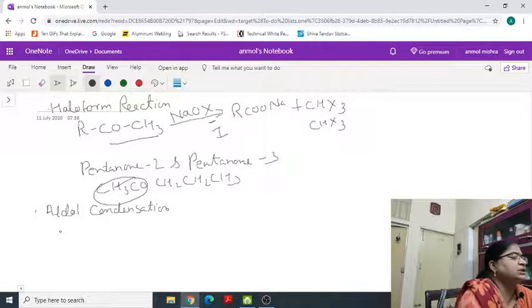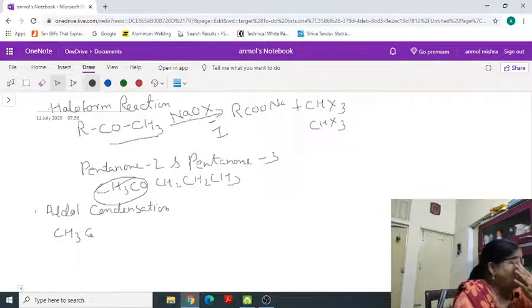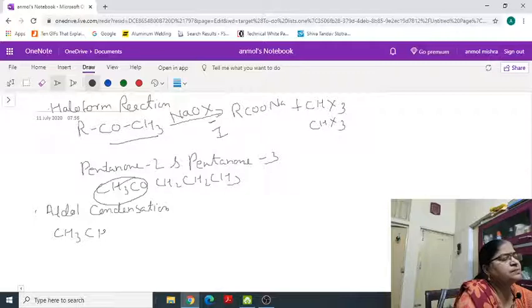Now, how does it occur? When two molecules of acetaldehyde react, this is the first molecule of acetaldehyde reacting with the second molecule of acetaldehyde.